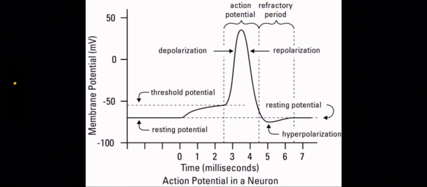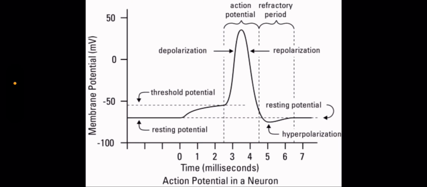The resting potential is created and maintained by sodium-potassium pumps and potassium ion channels in a neuron's membrane. Sodium-potassium pumps use active transport to move 3 sodium ions out of the neuron for every 2 potassium ions that are moved in. ATP is needed to do this.